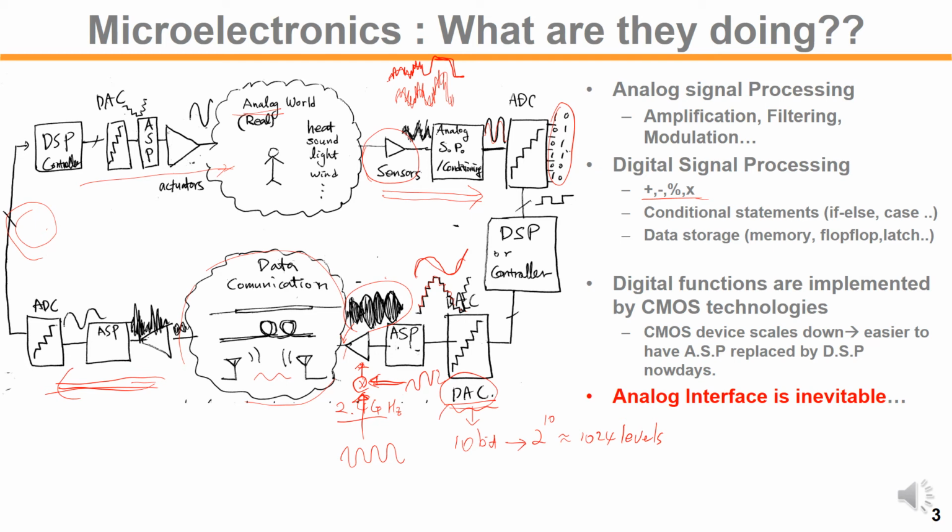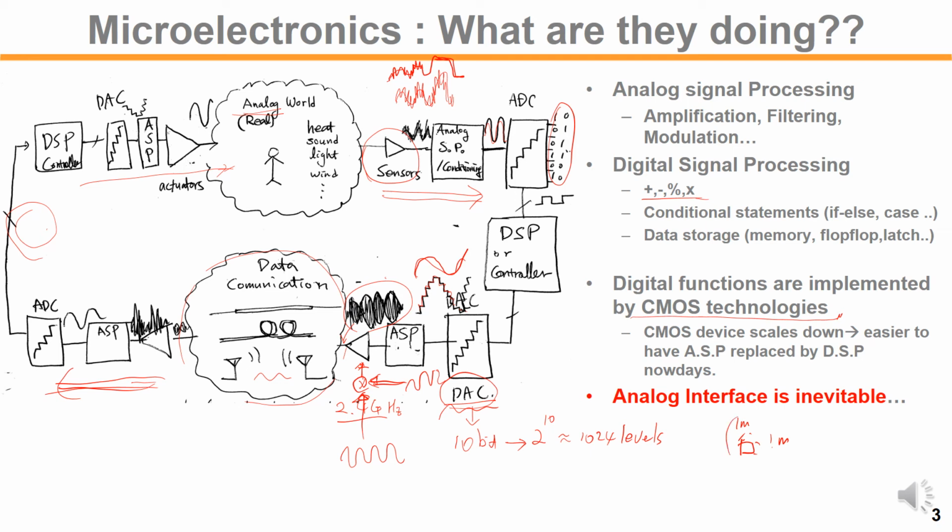Nowadays all the digital functions are implemented by CMOS technology, meaning it uses CMOS devices or transistors. The size of the CMOS transistor becomes smaller and smaller, and it becomes easier to integrate many billions of transistors in a very small area. That means you can put more digital function into a very small area, for example 1 millimeter by 1 millimeter.